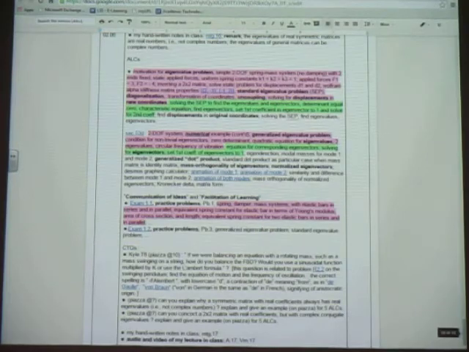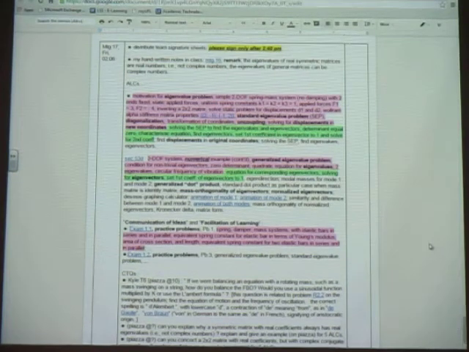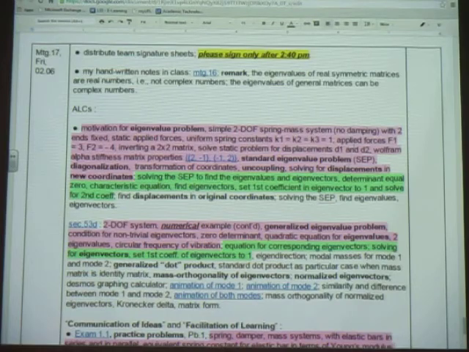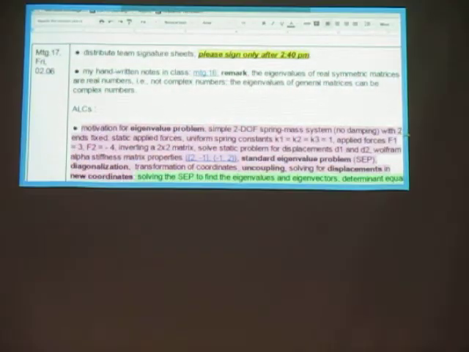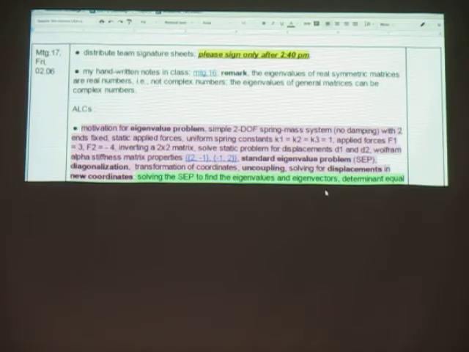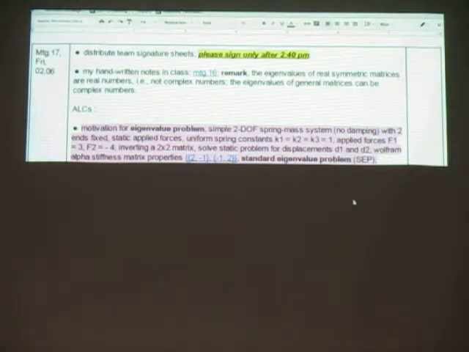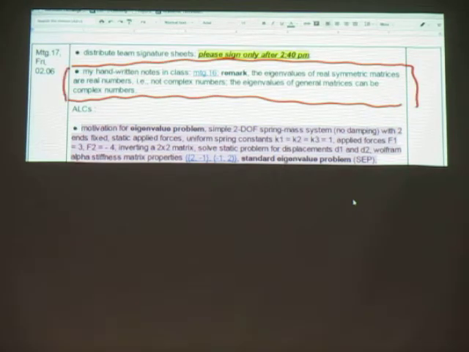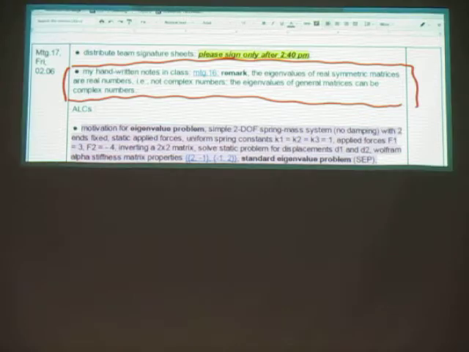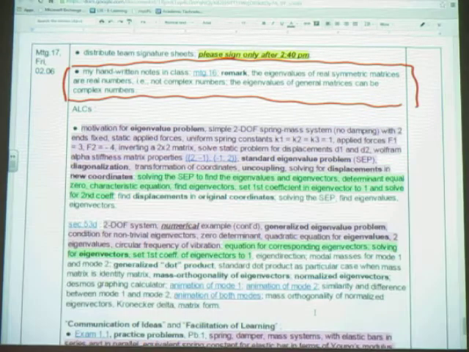So here is my lecture summary. Let me zoom in to fit. And let's focus on this part here. I have my handwritten notes with annotation after class that I mentioned to you.